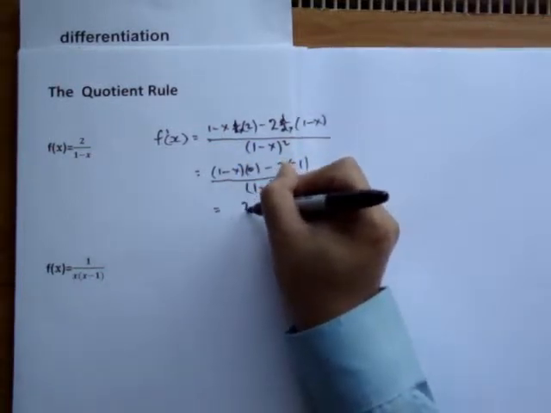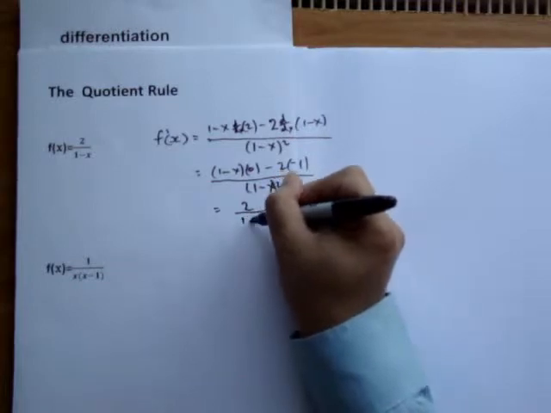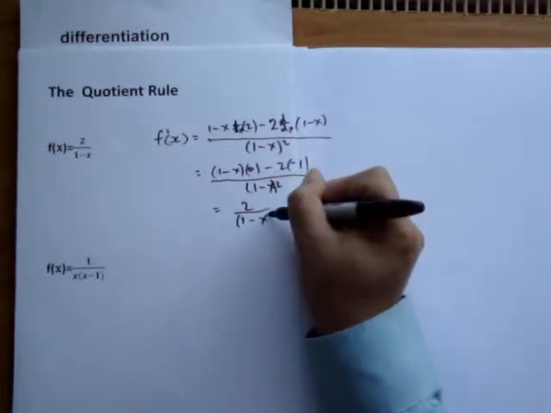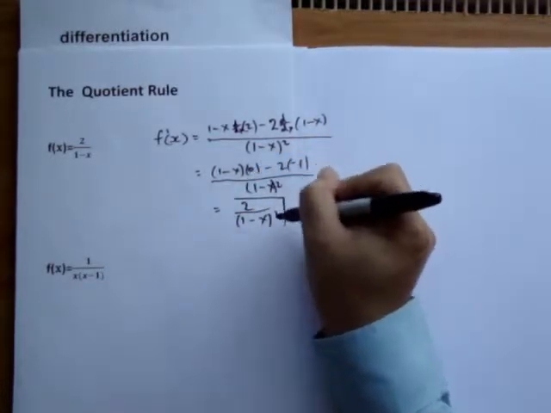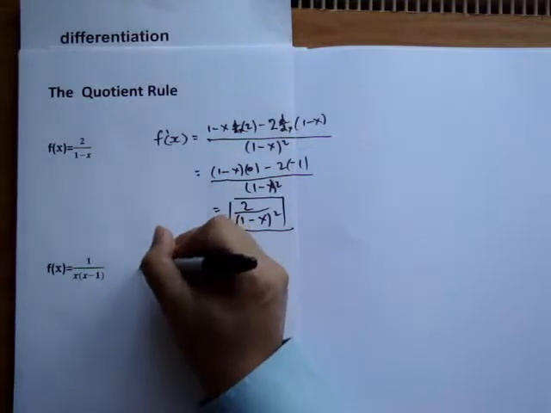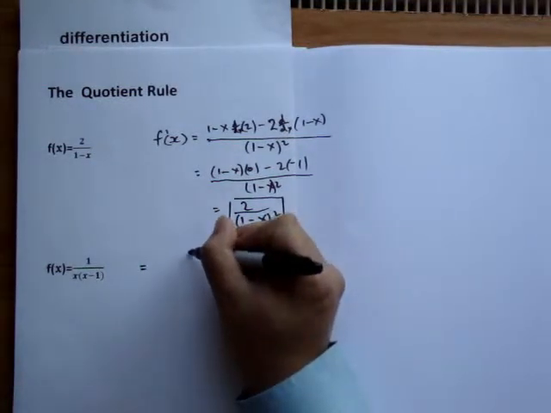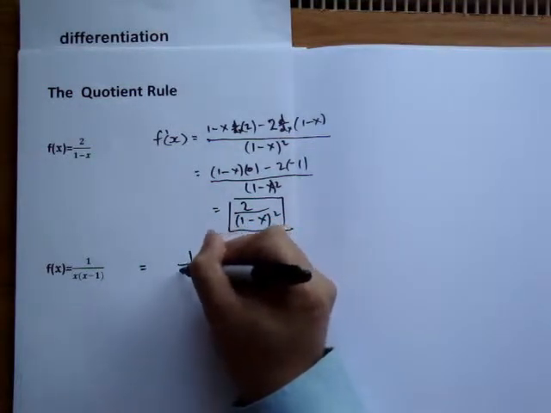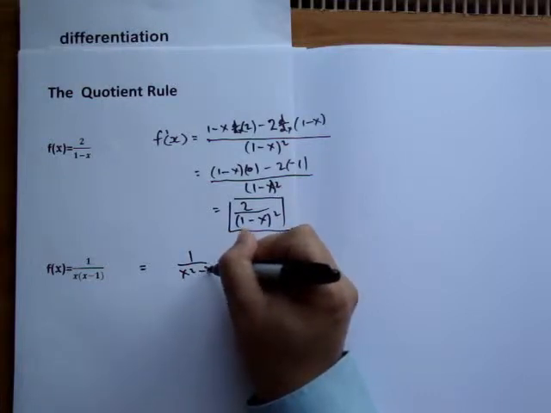We work that out, 2 all over 1 minus x squared, and that's the answer. This one, if we rearrange, we get 1 over x squared minus x.